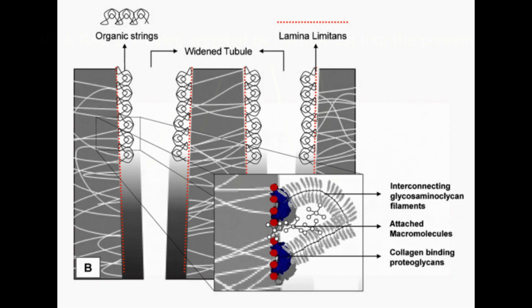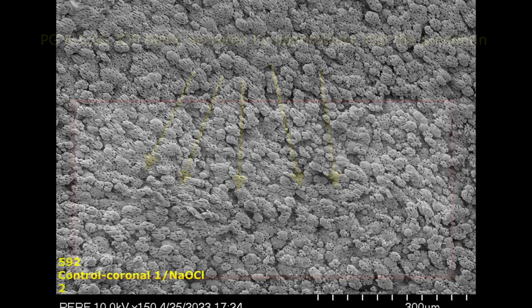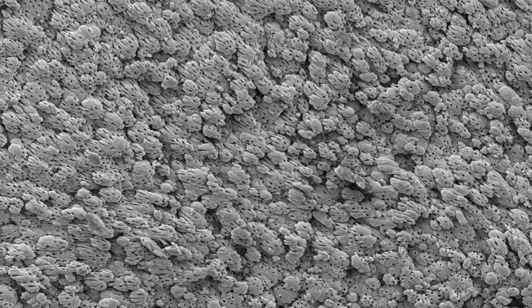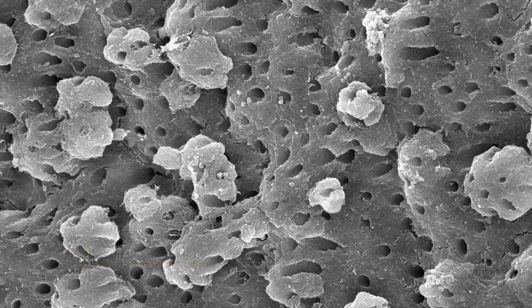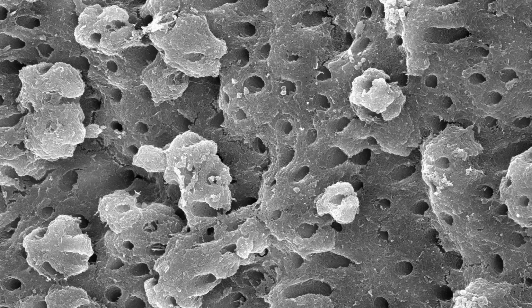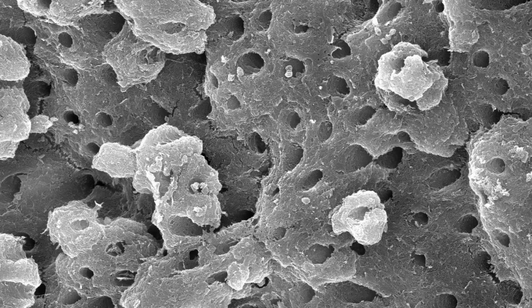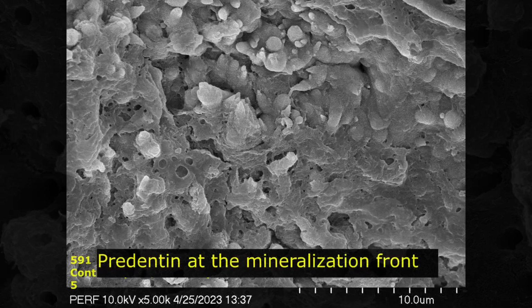Using immunochemistry analysis, these inherently disordered proteins secreted by the odontoblast have been clearly demonstrated. So now when you see this picture of globular dentin, you should understand the globular nature of it is due to what is missing and that you can't see: all the disordered proteoglycan and glycosaminoglycans that fill these spaces, but have been removed by the dehydration and specimen preparation processing.